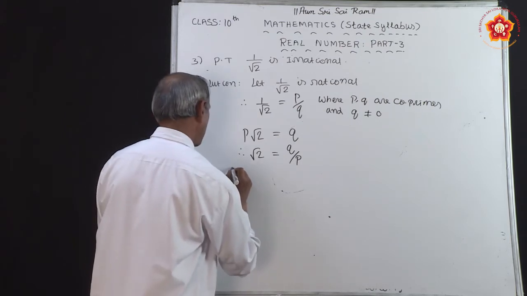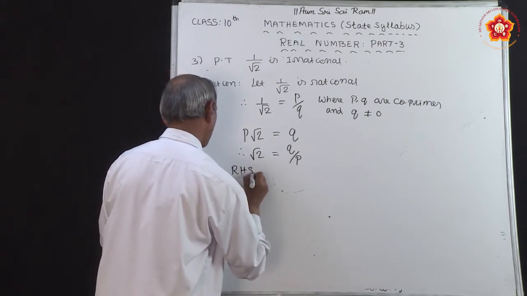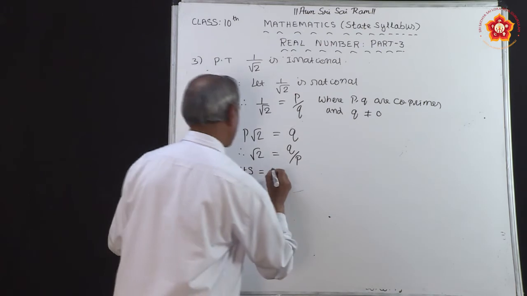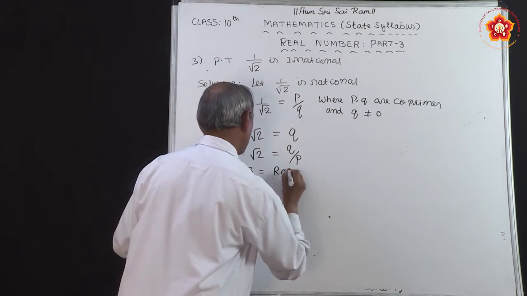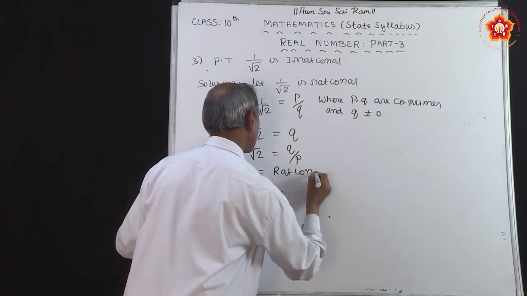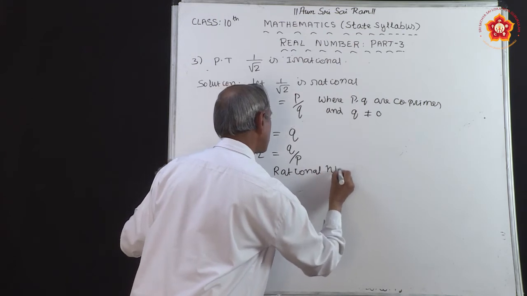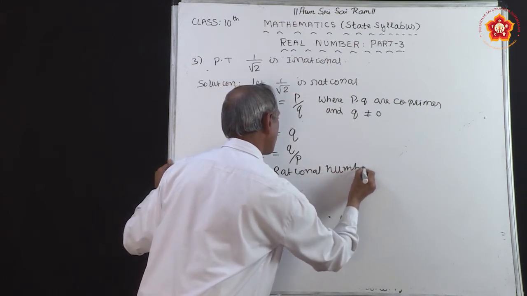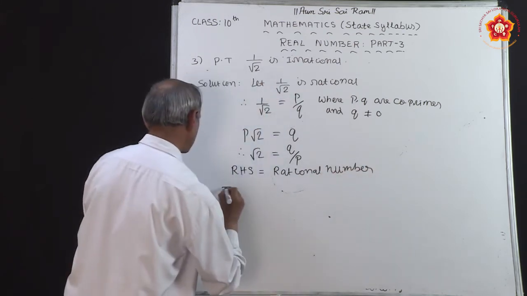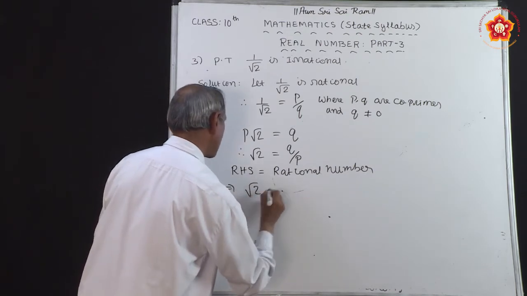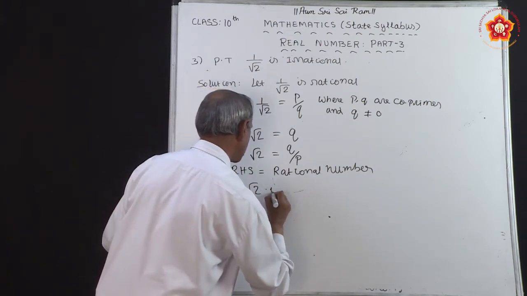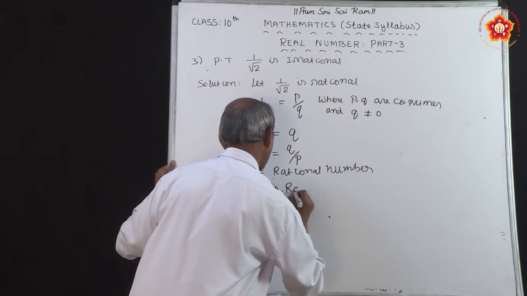Therefore, the RHS is a rational number. That implies the square root of 2 is also a rational number.